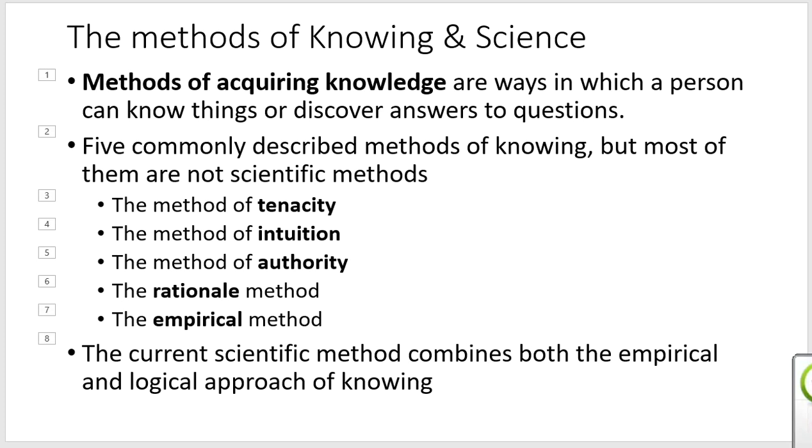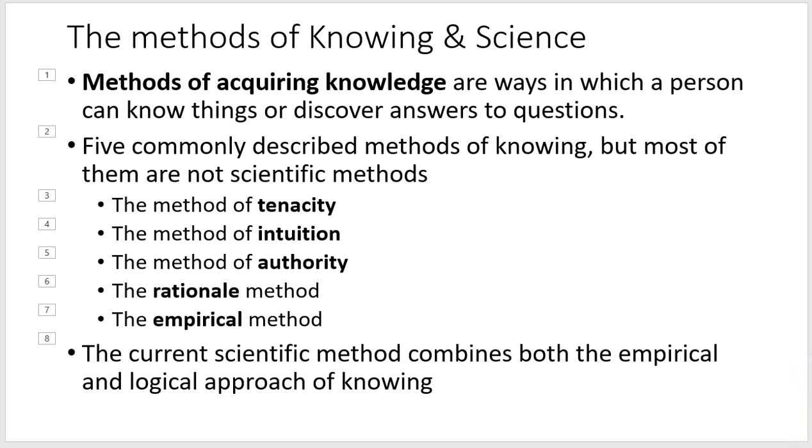The question is how a researcher, how a scientist knows the new facts, how knowledge is acquired. So there can be different methods of acquiring knowledge, as I discussed in the last class also.